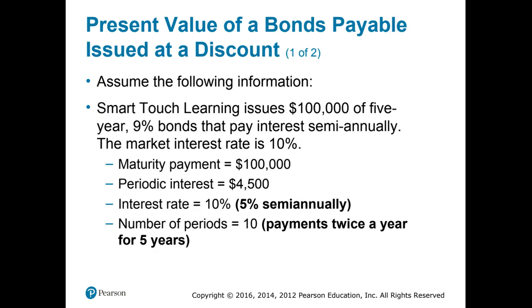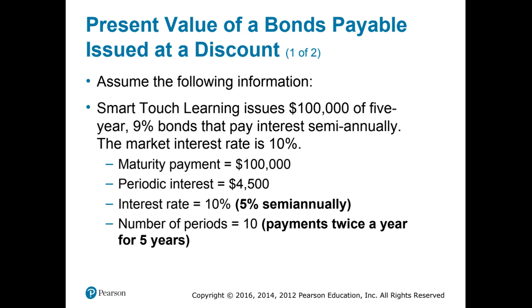Assume the following information. Smart Touch Learning issues 100,000 of 5-year 9% bonds that pay interest semi-annually. The market interest rate is 10%. We have our maturity payment, which is 100,000, and periodic interest, which is 4,500.